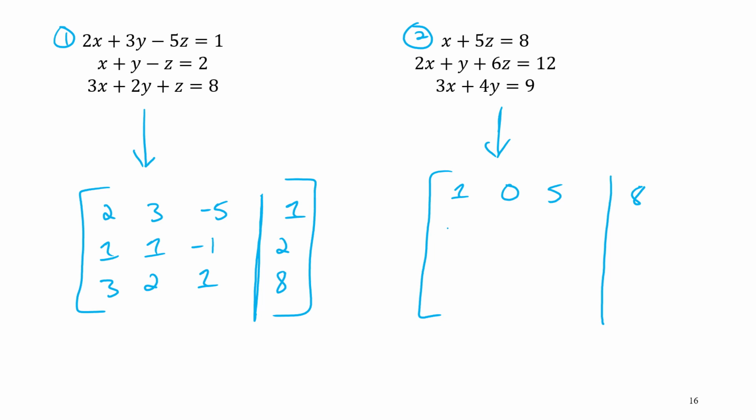In row 2, you would get 2, 1, 6, 12. Row 3, we get 3, 4. Since there's no z in this, we would just go 0 and then 9. And so that would be our augmented matrix for those equations.